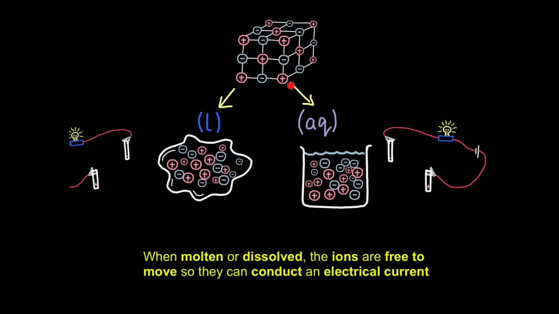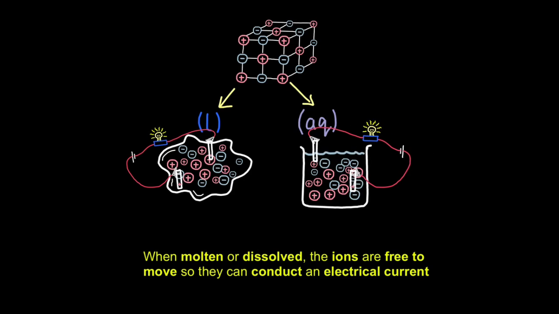However, if we melt this structure, then the ions become separated and are free to move, or we dissolve this structure, then again the ions become separated and are free to move. Now they can conduct electricity. So if I put my circuit with 2 electrodes into this substance, and similarly here, the light switches on because they can conduct electricity. We have moving charge.